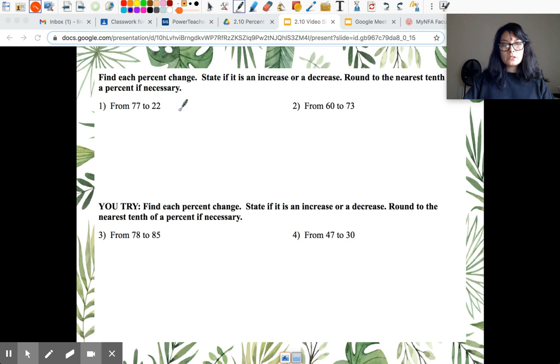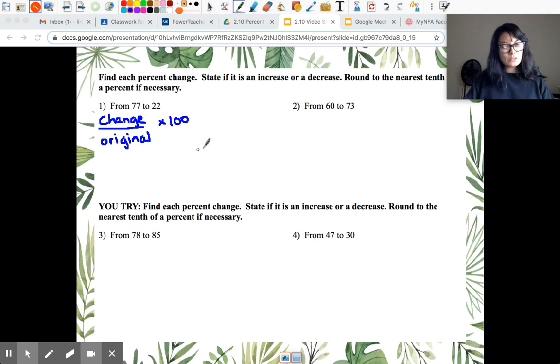So from 77 to 22, let me see if I can find a place to put my formula. I'll just put it for number one, and then we can reference it for the others. So again, we're going to take the amount of change, divide by the original, and multiply that by 100.